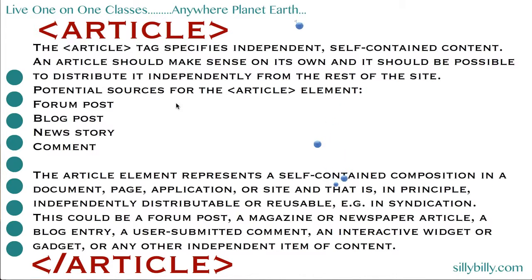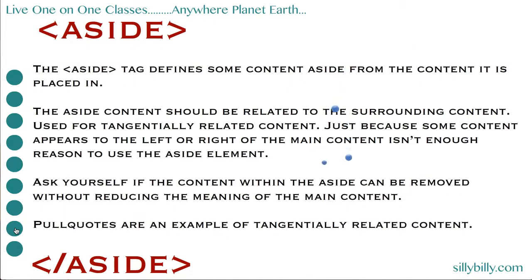So, and again, it's very shades of gray, trying to help machines talking to machines. Now, here's something that really kind of sort of makes sense. Aside. Well, you have the article, Jim Bob's planting corn.